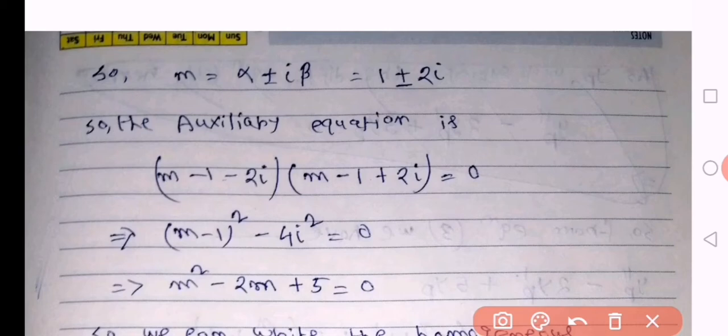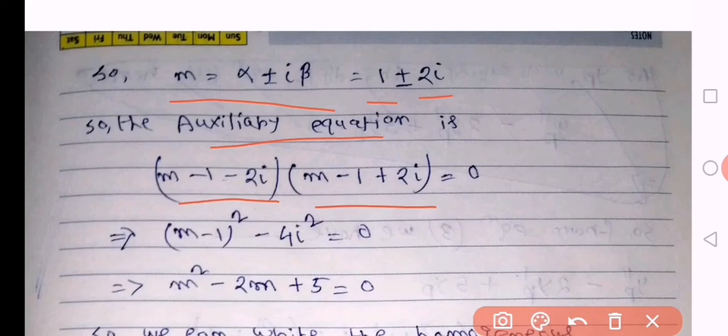If the auxiliary equation is an equation of m, then m we can write as alpha plus minus i beta, where alpha value is 1 and beta value is 2. So, the auxiliary equation can be written as (m minus 1 minus 2i) into (m minus 1 plus 2i) equal to 0.